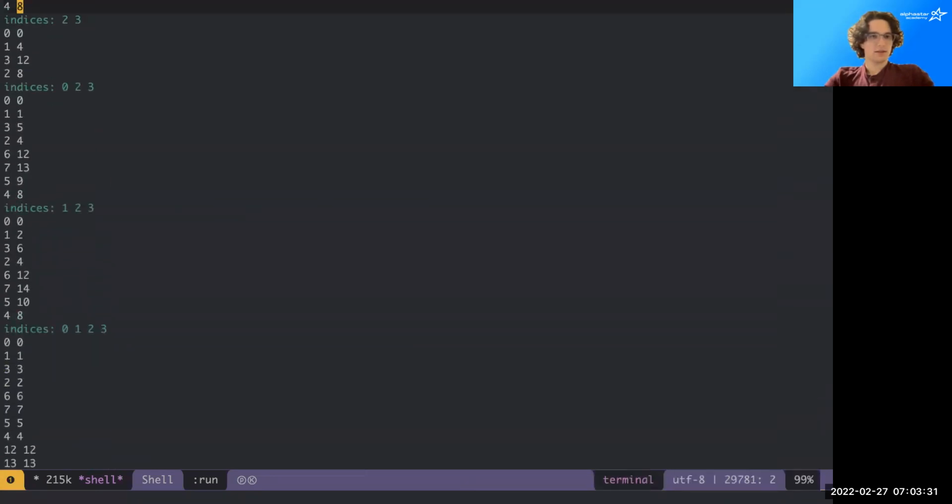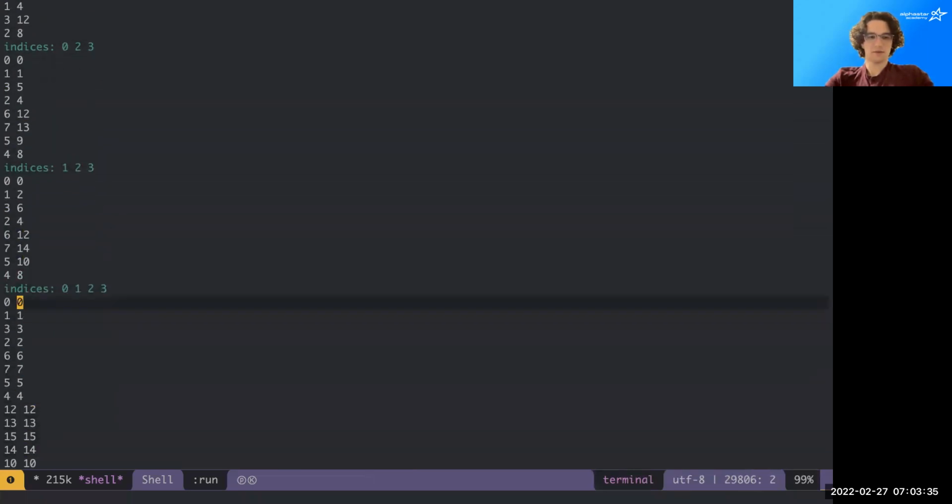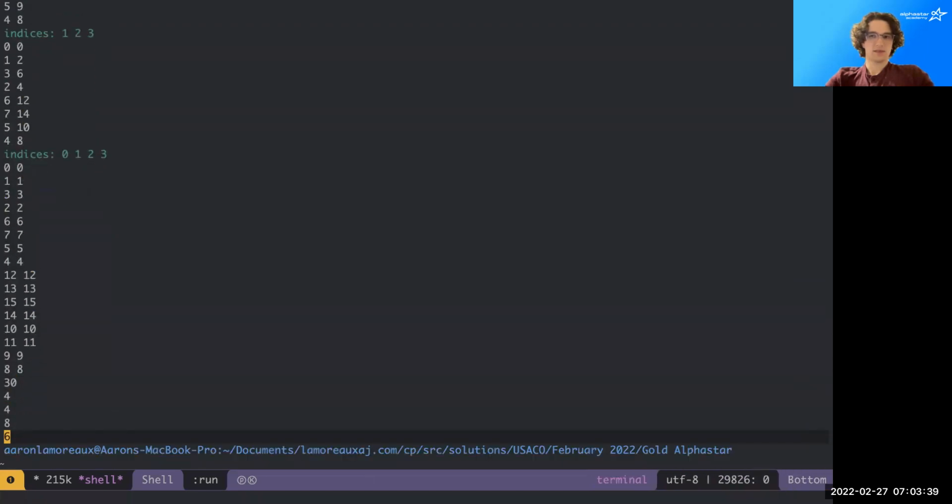Okay, so if our indices are like 0, 1, 2, 3, okay, sure, there's 4 of them. It does make sense that B would mirror those.